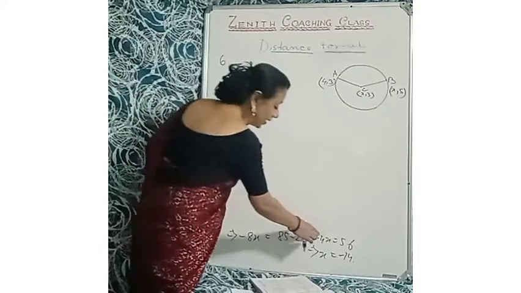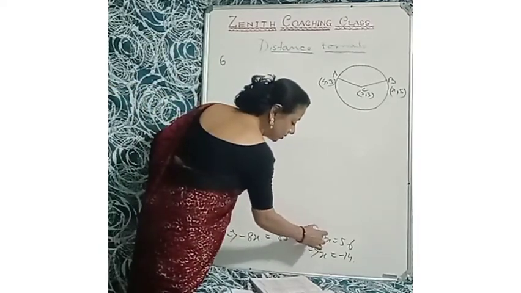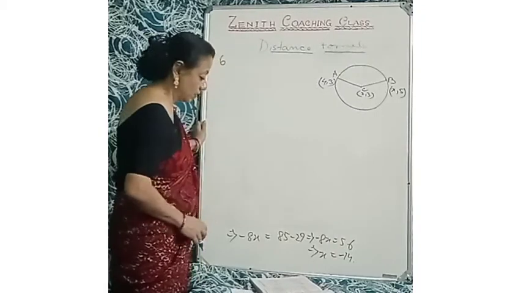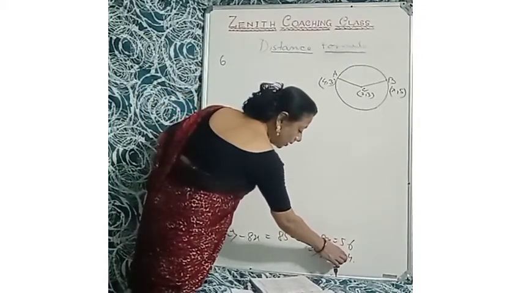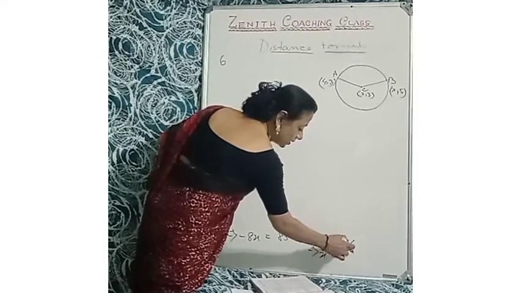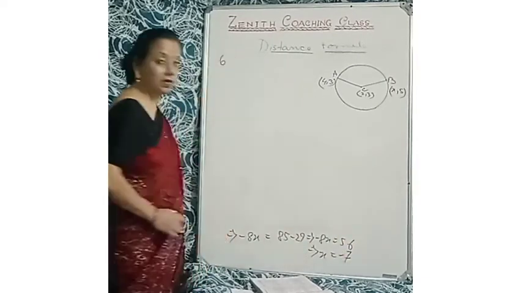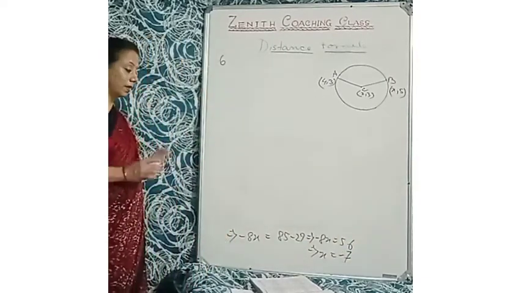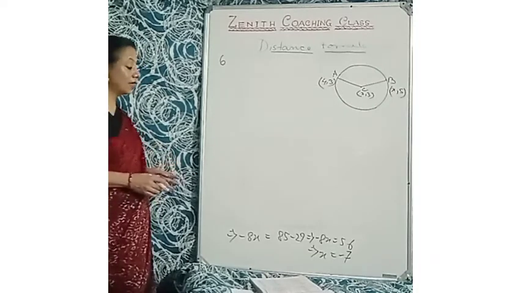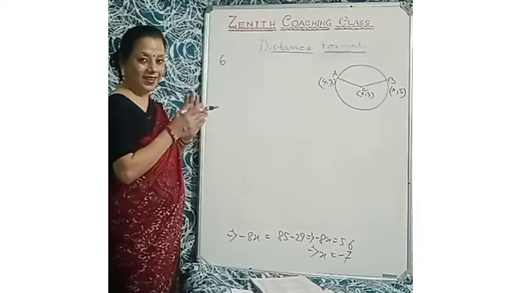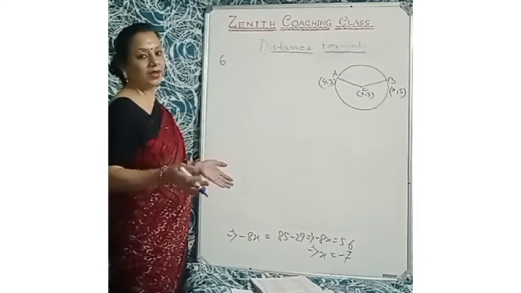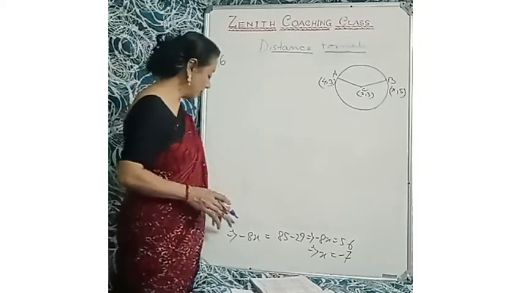So 8x equals 56, then x equals minus 7. Sorry, I have done a great mistake. Please don't make any mistakes in the exam, because in the exam you will lose your marks. So please take care of it.